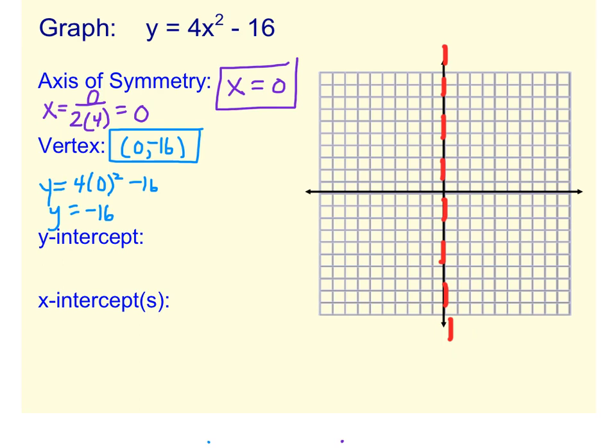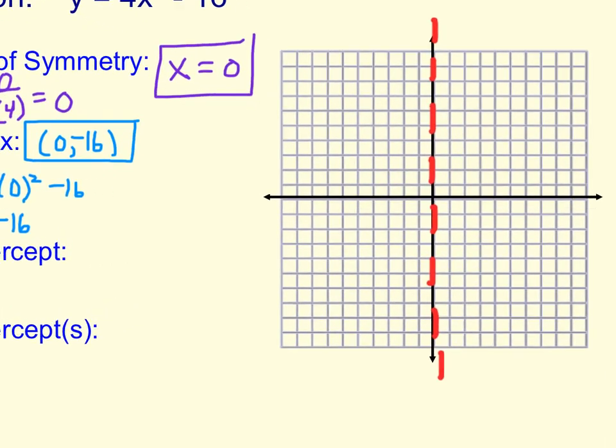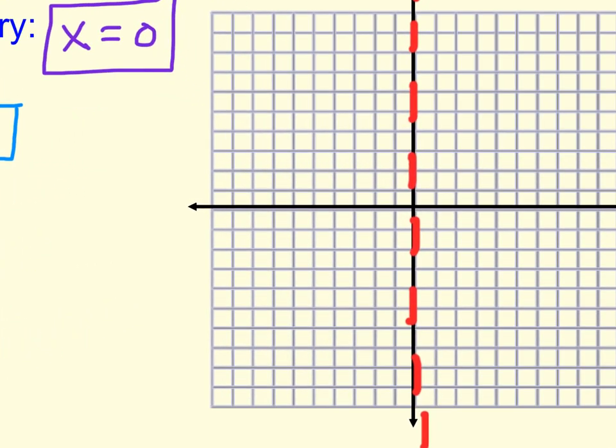On my graph it only goes to 10, so I'll count by 2's. I'm going to go to a negative 16, counting by 2's: down 2, 4, 6, 8, 10, 12, 14, 16. It's going to put me right there. So let me go ahead and put in that point. There's my vertex.